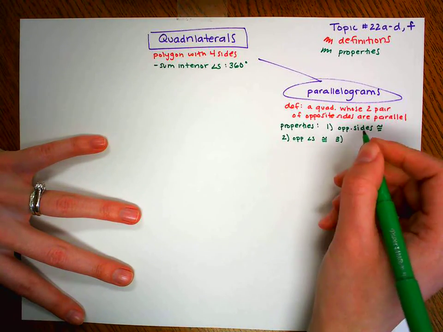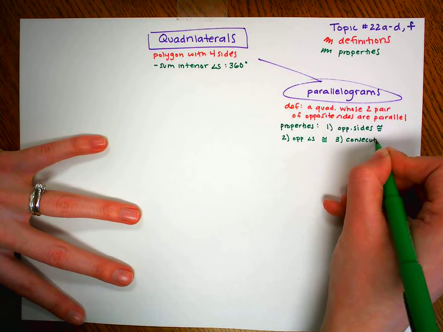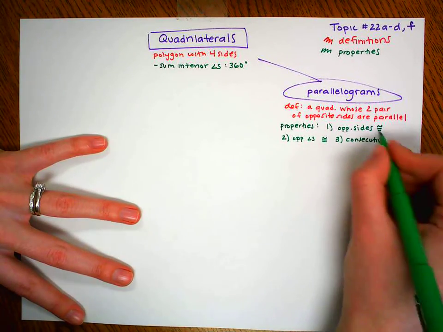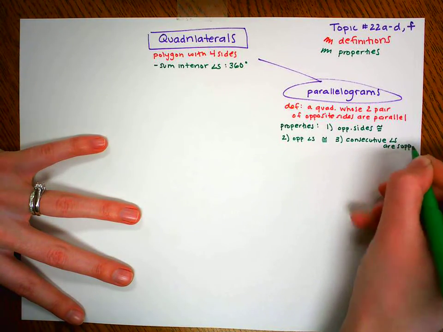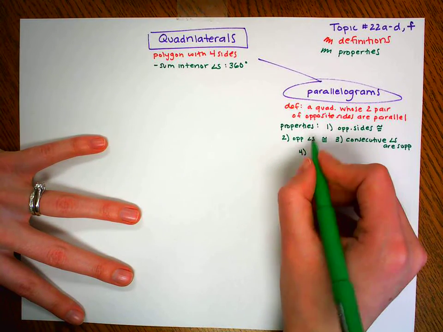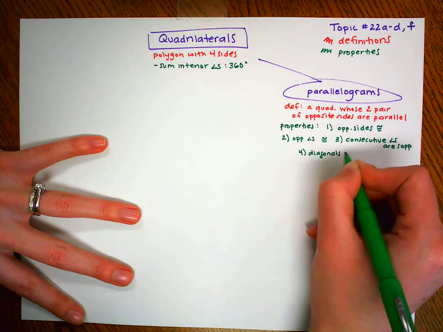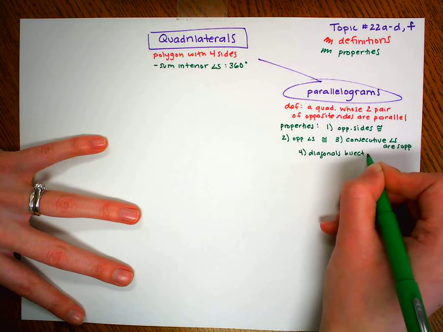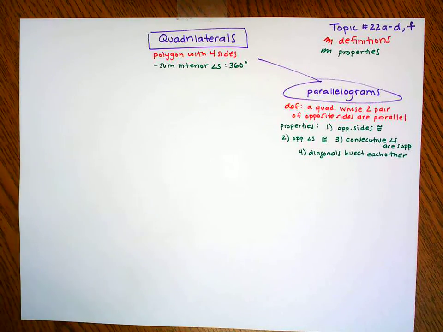Our third property is that consecutive angles are supplementary. Okay. And our fourth property is that diagonals bisect each other. Okay, so there's our parallelograms.